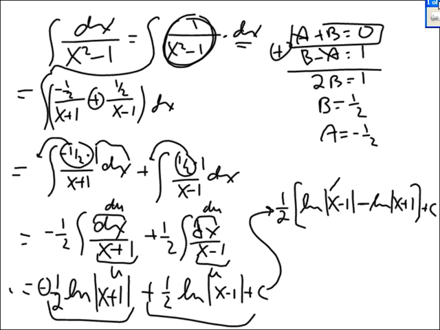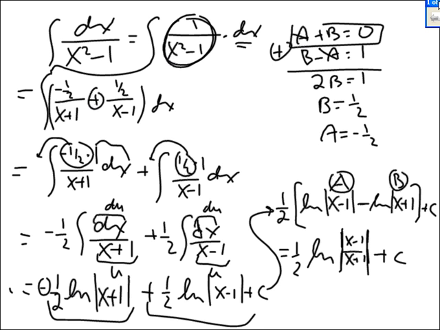But if you have ln of a minus ln of b, you get ln of a over b. But the absolute value of one fraction divided by the absolute value of another is just the absolute value of the fraction, plus c.